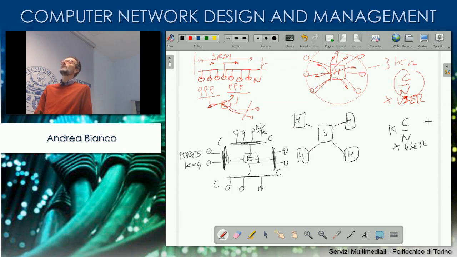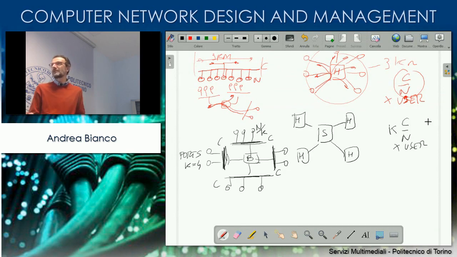Can the bridge or the switch be a limit? A good point, that's interesting. In general, not. Now, the point is maybe the bridge or the switch can be a limiting factor in the network capacity. Whenever you put in your network a device interconnected to K links at a given speed, by definition, that device is, under normal operating conditions, able to fully switch that capacity at full speed.